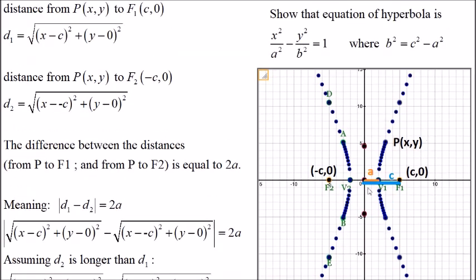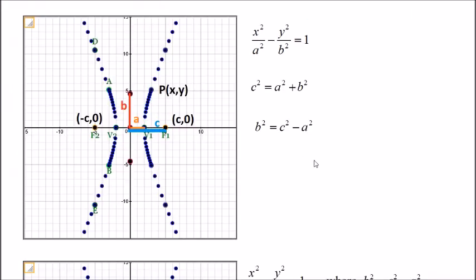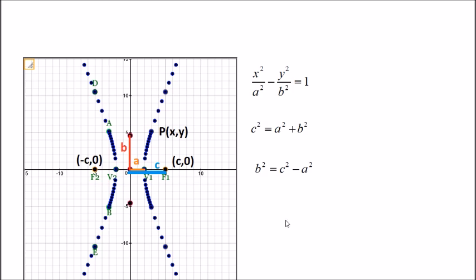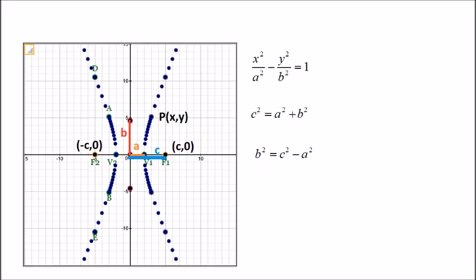Once again, a is the distance from the center to the vertex, c is the distance from the center to the focus. And notice that b squared is c squared minus a squared. Note that a will always be less than c.